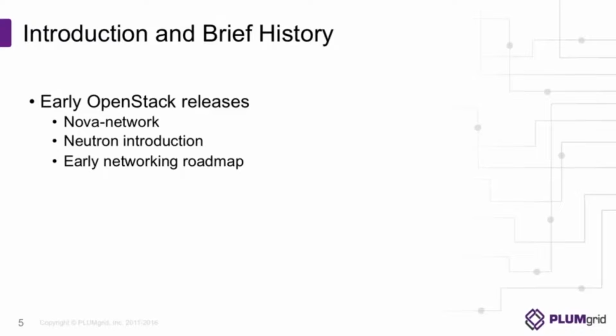Nothing has changed as dramatically as networking has. The first sub-project of OpenStack that dealt with networking, which came out in the very first releases, was Nova Network. Nova Network implemented a very simplistic and easy to understand and use way of implementing network functionality and network topologies.